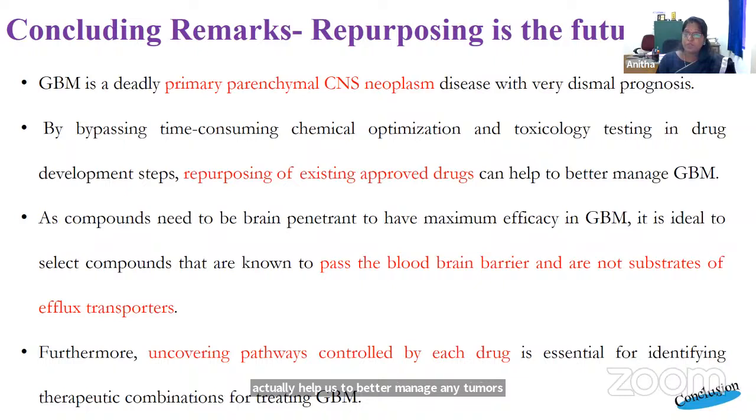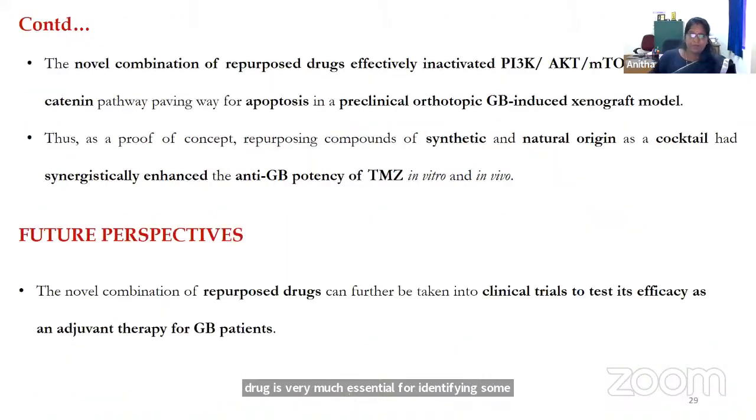As compounds need to be brain penetrant to have maximum efficiency in GBM, it is ideal to select a compound that is able to cross the blood-brain barrier and is not a substrate of any efflux transporters. Furthermore, identifying pathways controlled by each drug is very essential for identifying therapeutic combinations for treating GBM.